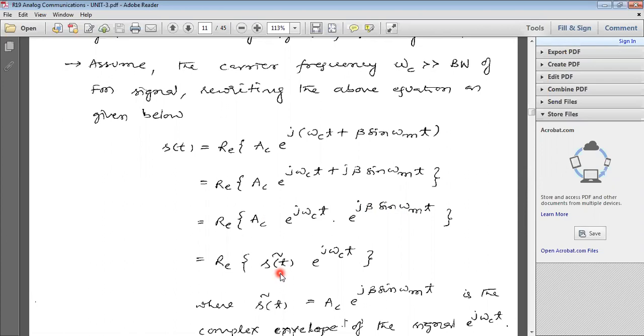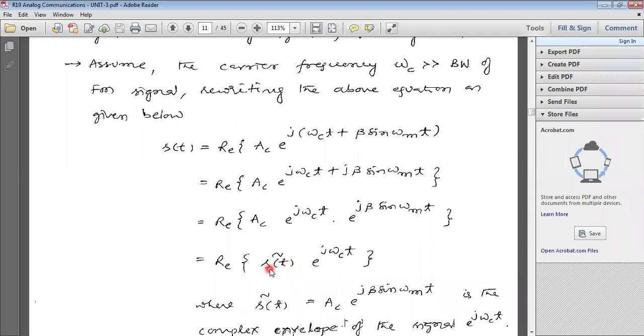So in the place of Ac into e power j beta sin omega mt, you substitute the complex envelope of s of t. Listen carefully.